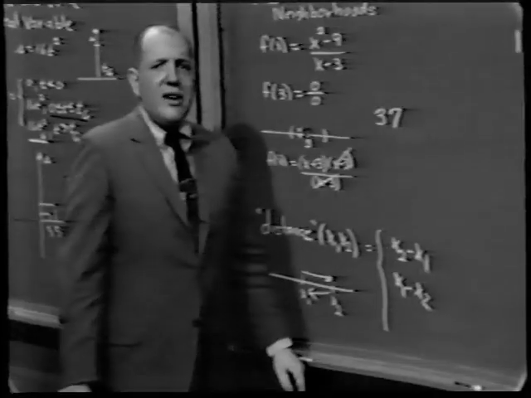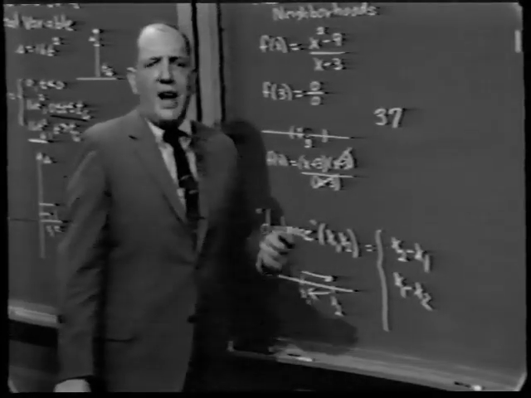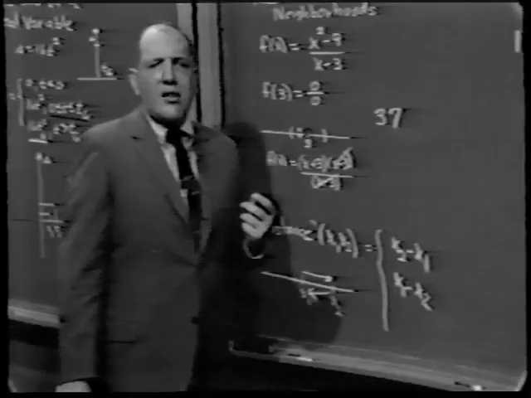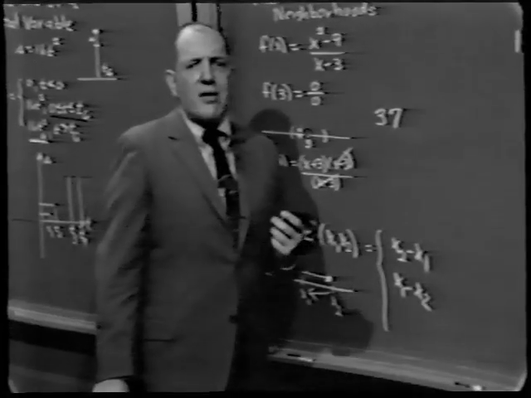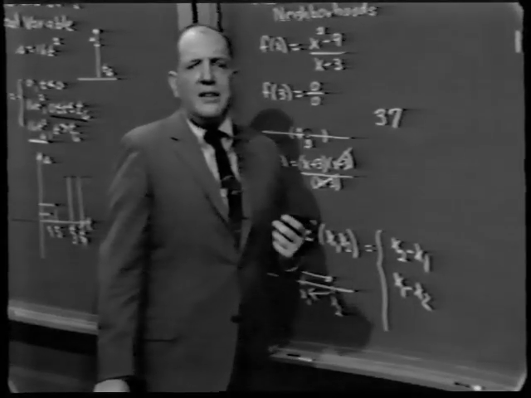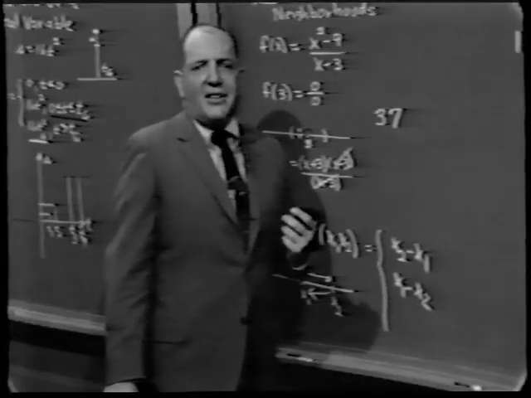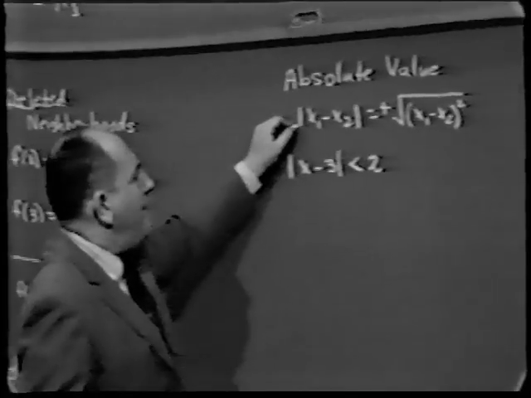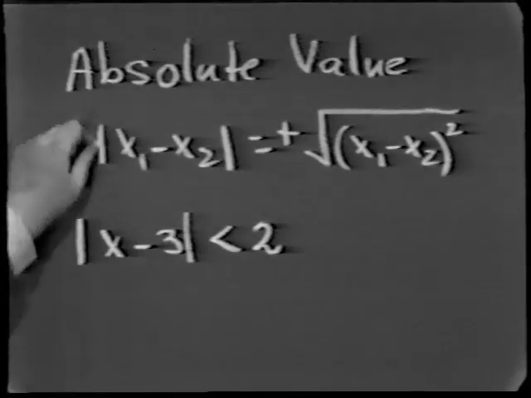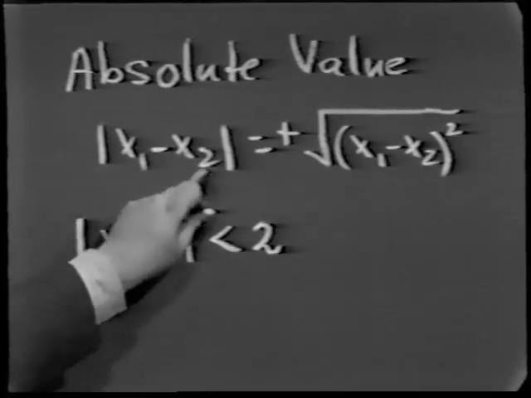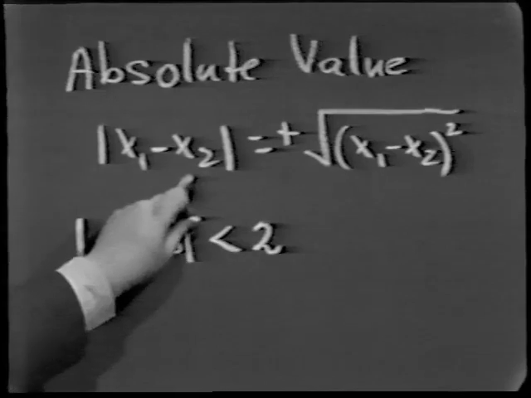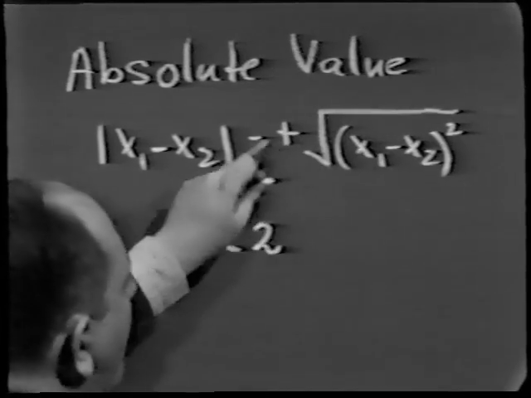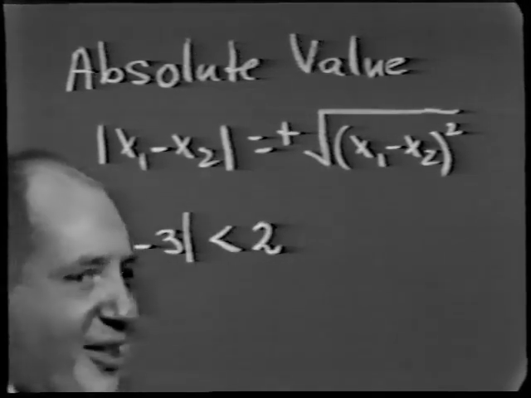And that leads, you see, to the concept that's hit quite heavily in our text, and that is the concept of absolute value. Perhaps one of the most critical analytical geometric topics that we tackle in the early part of our course. Analytically, we define the absolute value, written with vertical bars, the absolute value of x1 minus x2, to be the positive square root of x1 minus x2 squared.